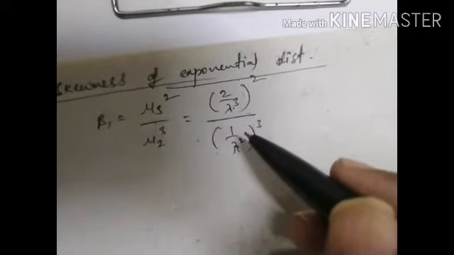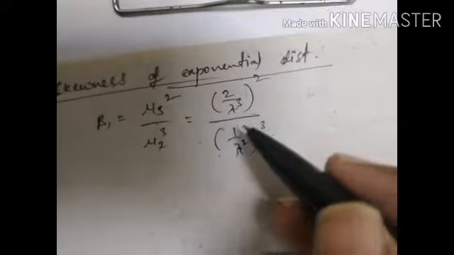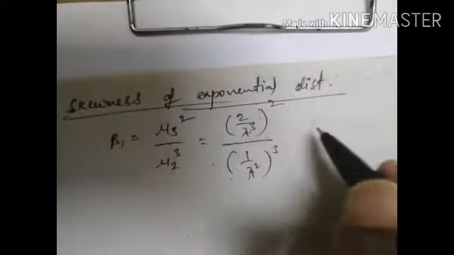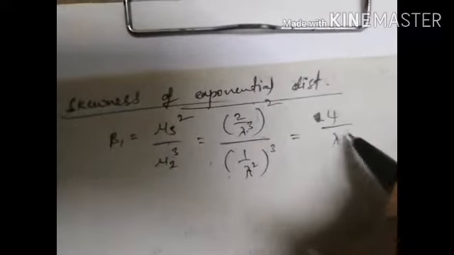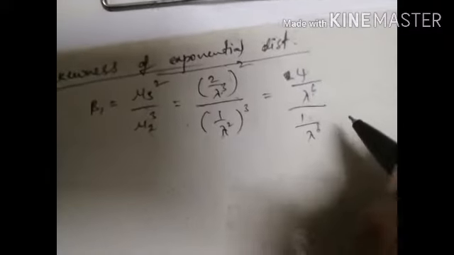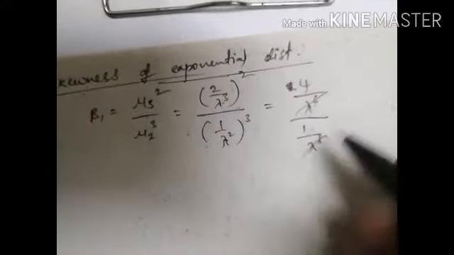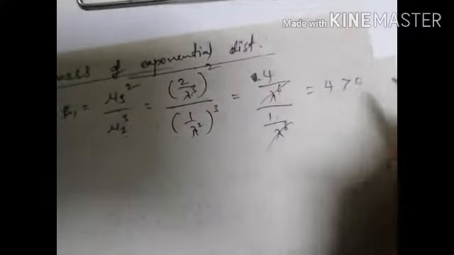By 1 by lambda square to the power of 3 means here also 6, so lambda power 6. So here 4 by lambda power 6 by 1 by lambda power 6. Both lambda power 6 get cancelled, remaining 4. Answer is 4. So this is greater than 0.